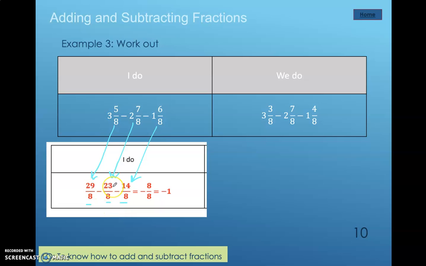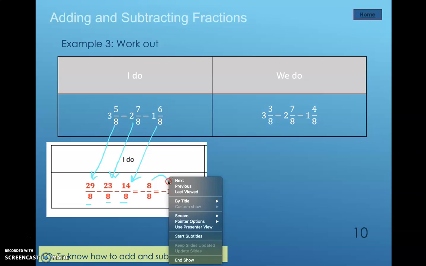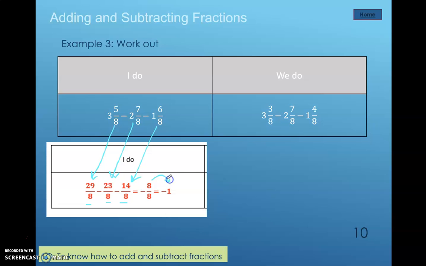So we do 29 take away 23, which gives us 6/8. 6/8 subtract 14/8. It's going to leave us negative. So we're going to have minus or negative 8/8, which when we divide the top and the bottom by 8, what does that leave us with? That leaves us with minus 1/1, which is just minus 1.